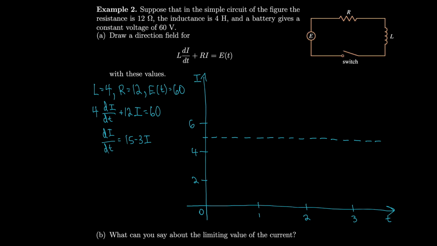It doesn't matter what the value of t is, because E(t) was a constant 60, so no matter where I go, this will be a constant slope of negative 3. So I'll draw all of those little slopes. If I look at 4, 15 minus 3 times 4 is 15 minus 12, which is positive 3. So I can just draw the reverse.